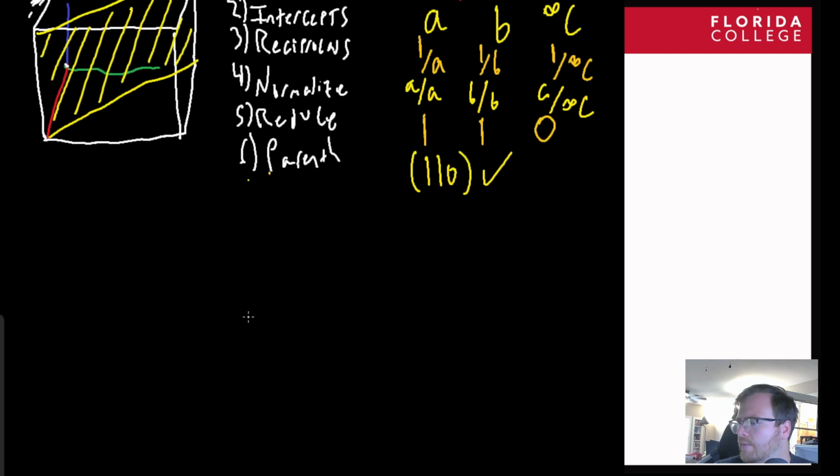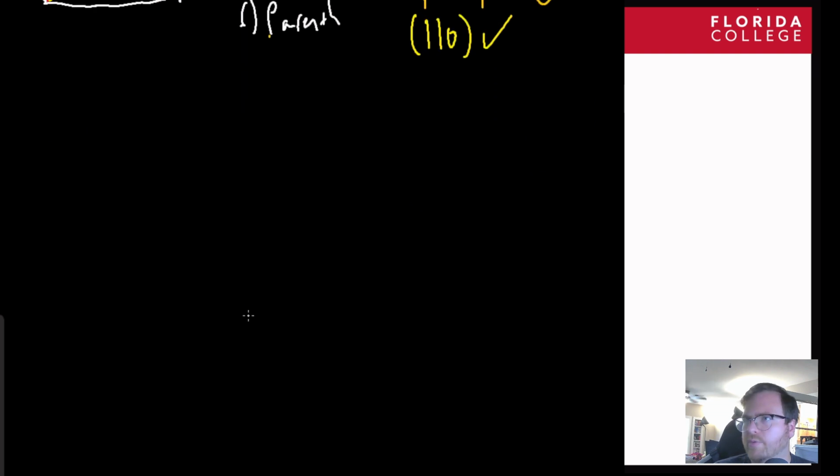Okay? So let's try another one. We're going to try a more difficult one. We're going to draw our box. I'm going to forego the x, y, and z axes here for brevity.